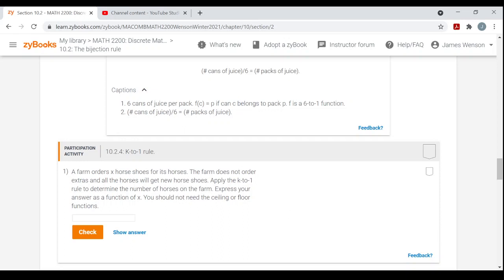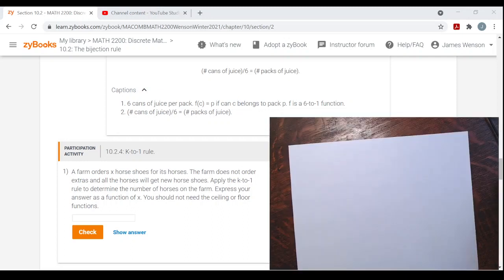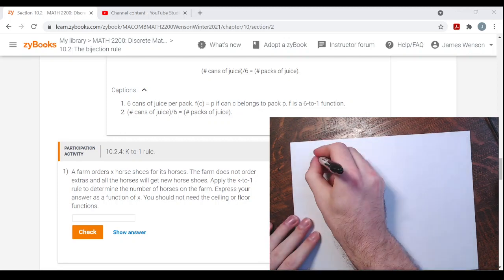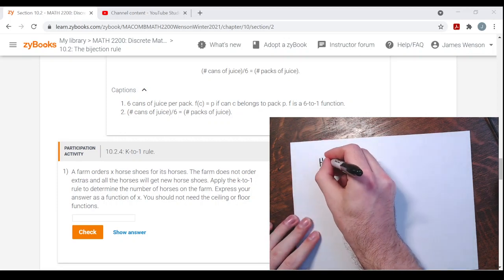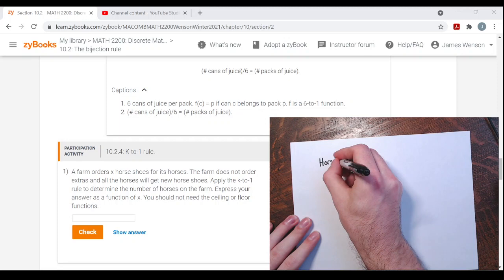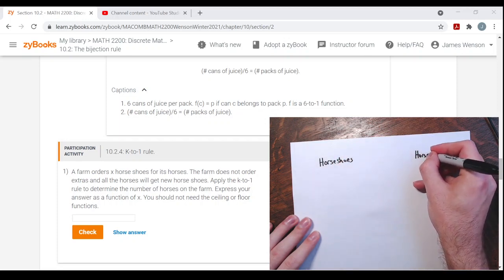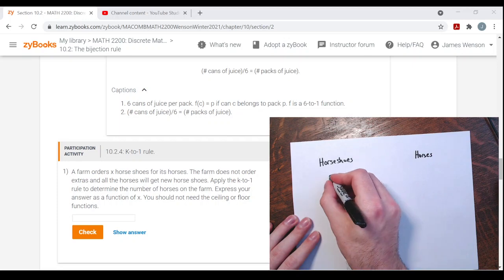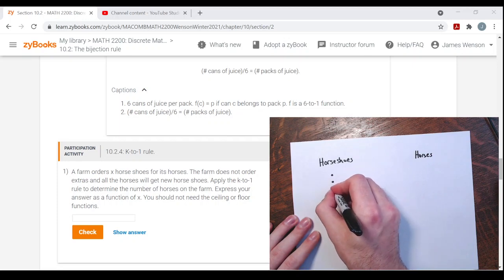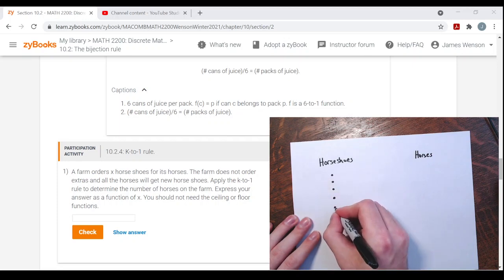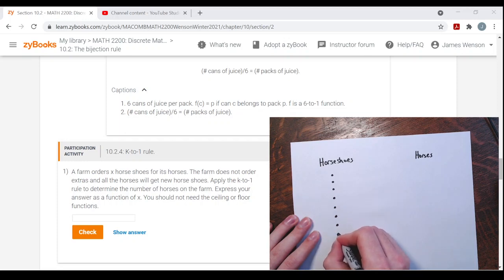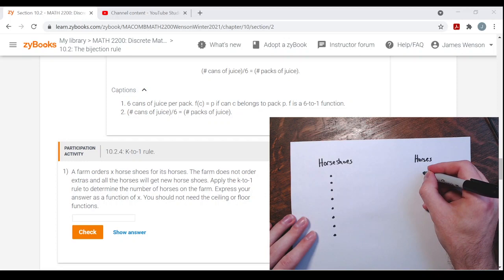All right, I'll bring up a piece of paper here. If we're doing a horseshoes to horses function, here's horseshoes to horses. Let's say I have 8 horseshoes here, and then 1 horse.